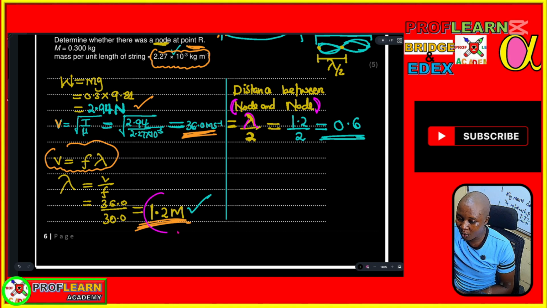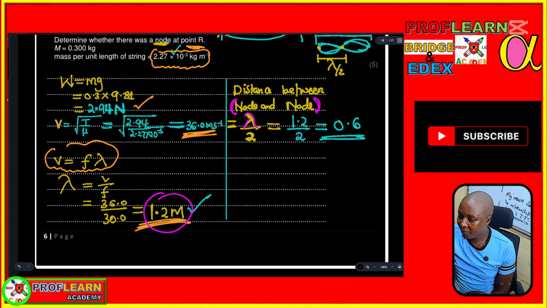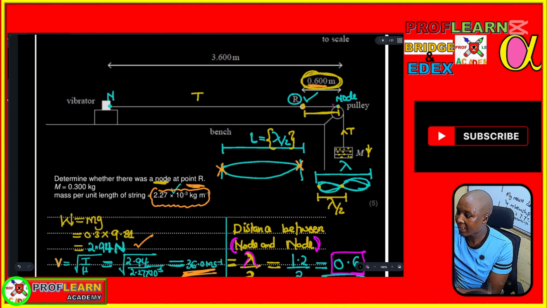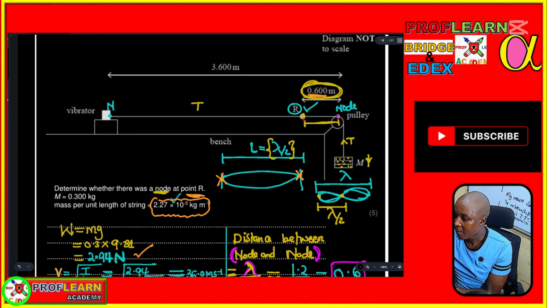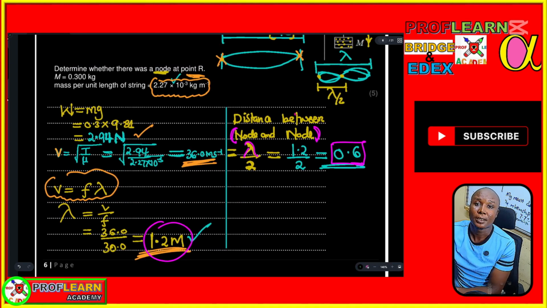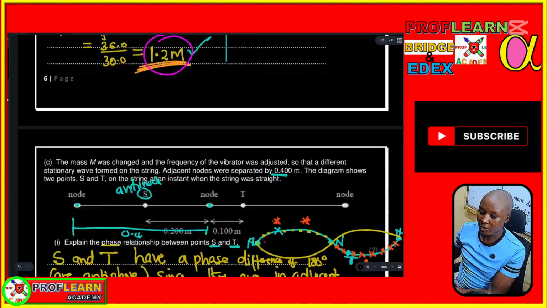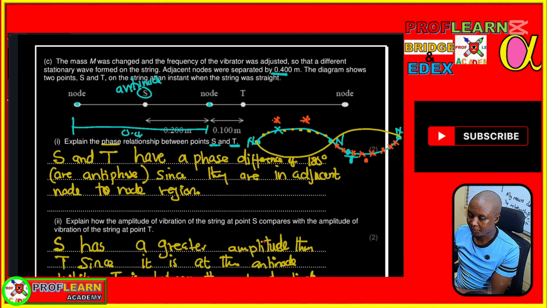So if we have gotten our wavelength to be 1.2 meters, then half of that is giving us 0.6, and yet we know at the pulley there is a node formed, and we were told a node could be formed at R. Now, since the distance between this node and R is the same as 0.6, then we agree a node could be formed at point R. Basically, that's what you are supposed to do in that question in order to scoop those particular marks.